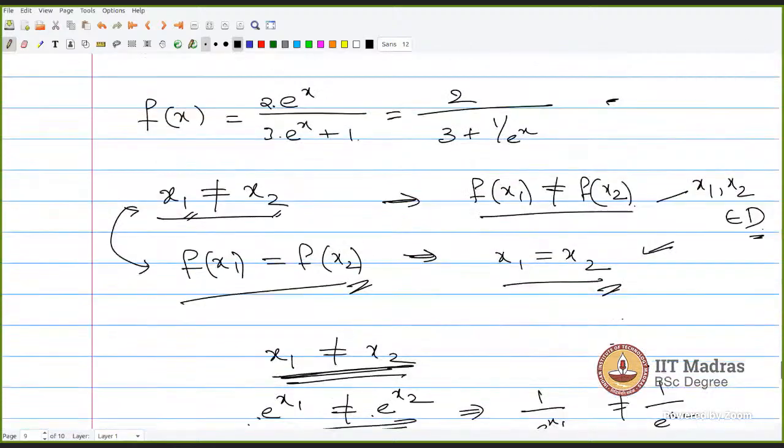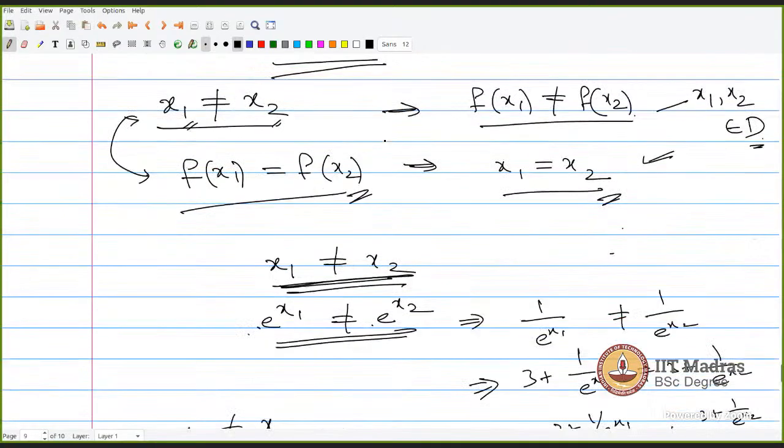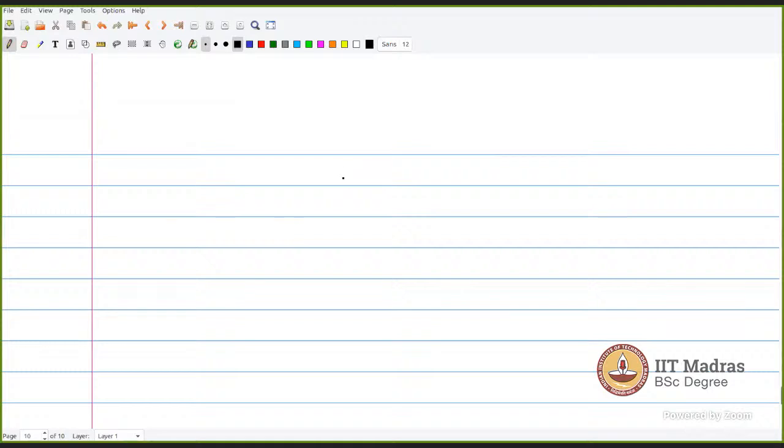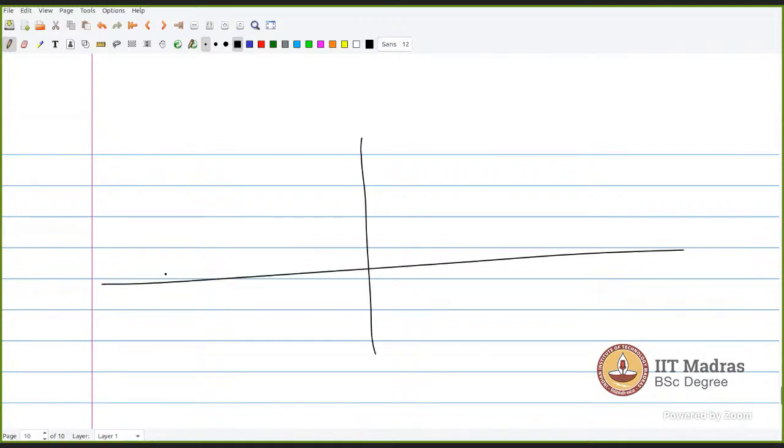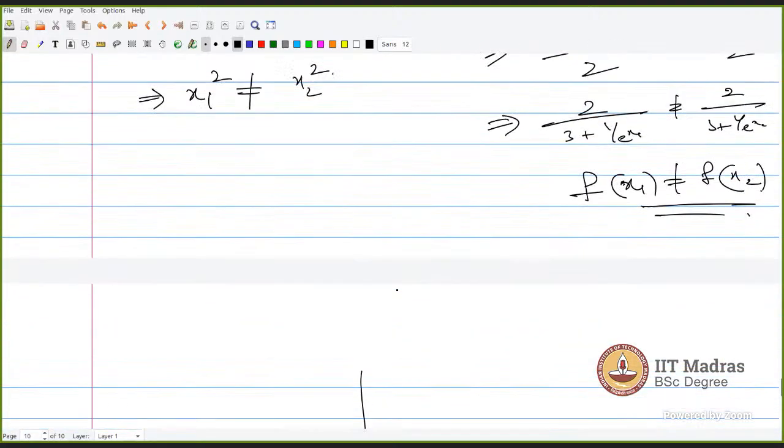Shrikant, can you plot the graph for this function? If you have time, it will be like this. It will start from here and come like this. Can you teach me how to draw?